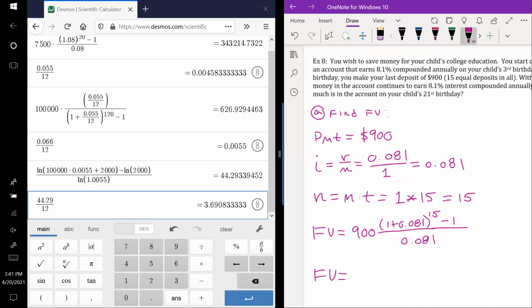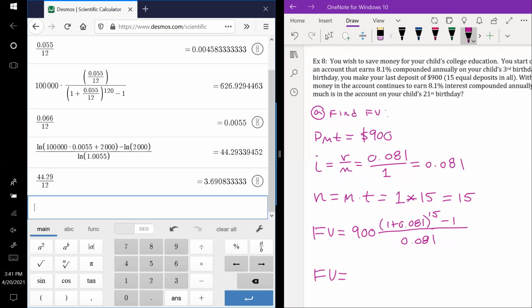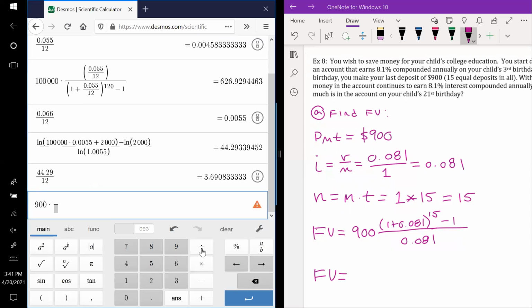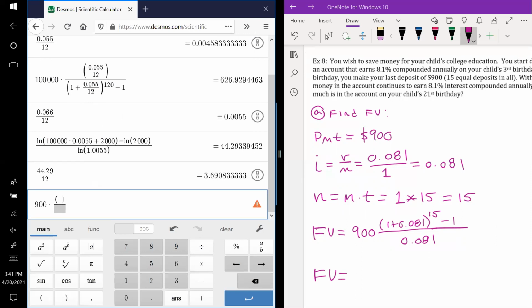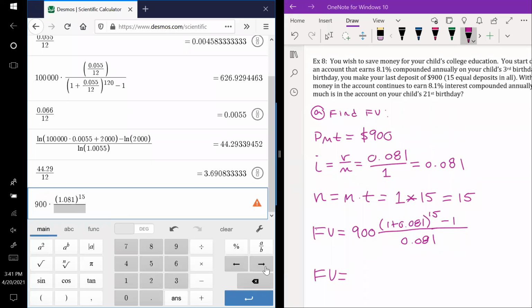And on your kid's 17th birthday, let's see how much money they're going to have. 1.081 raised to the 15th minus 1 over 0.081.